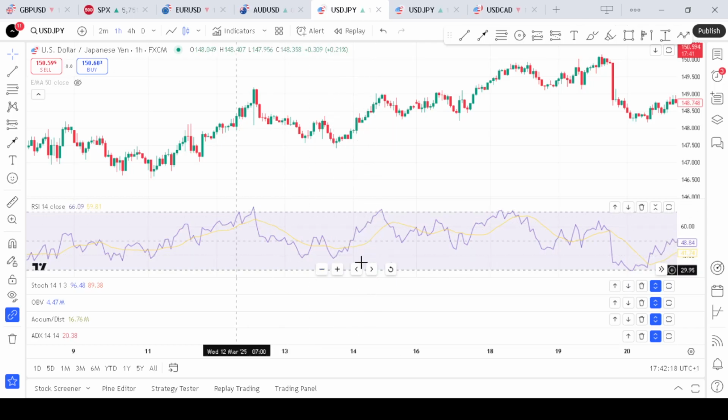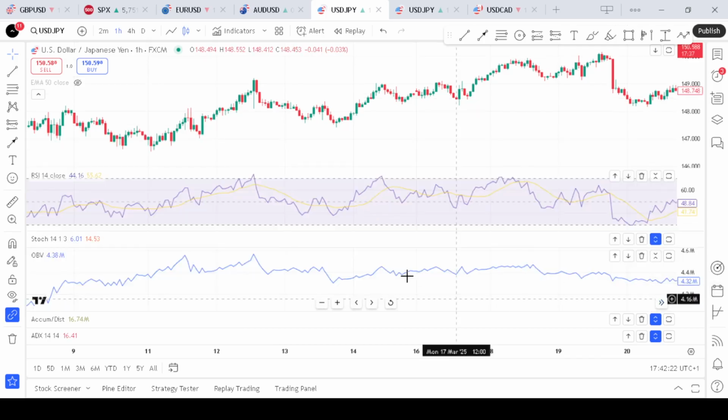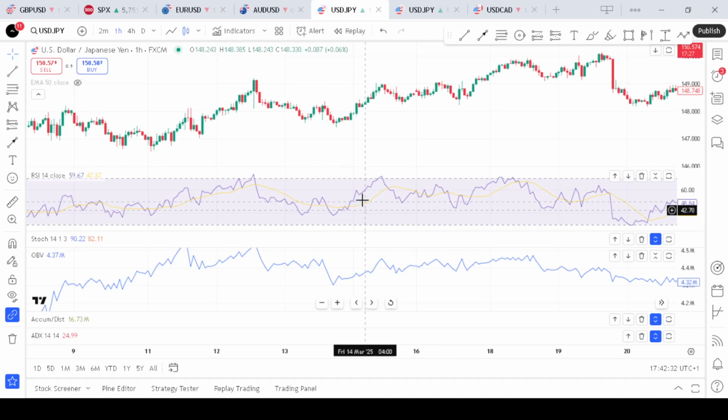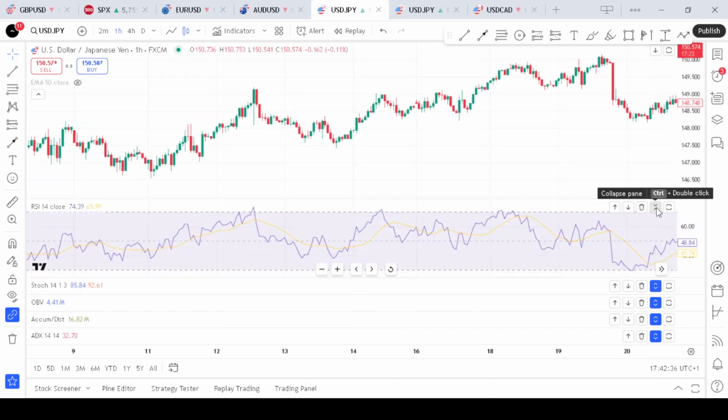So combining this with our on-balance volume indicator to confirm if volume supports the trend, we can see that the indicator is trending to the upside, signifying that yes, it supports the trend that is about to occur. So by combining these indicators, it helps us to know the condition of the market.